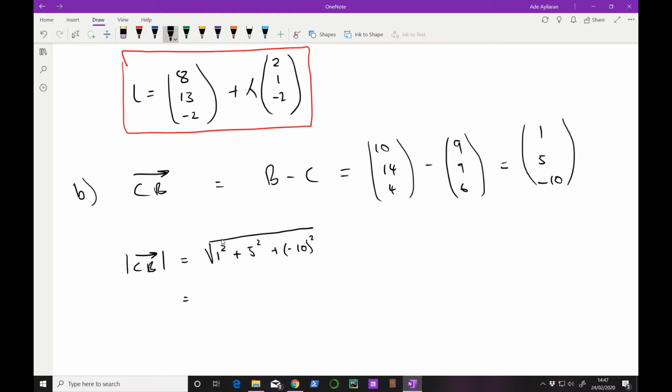If we work that out in our heads, that's going to be 100 plus 25 plus 1. So the size of the line CB is going to be root 126. Okay? Root 126.